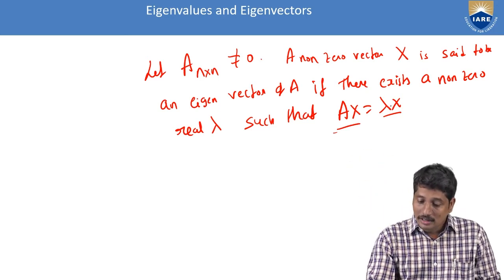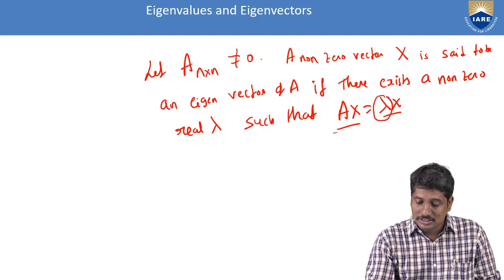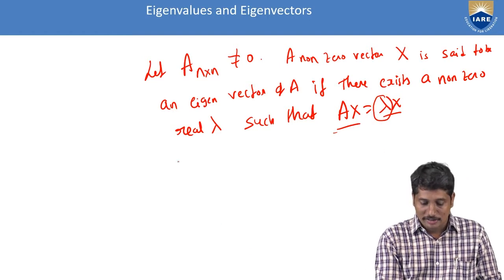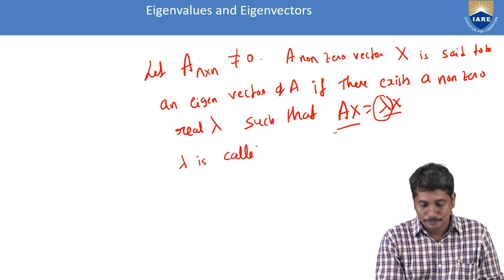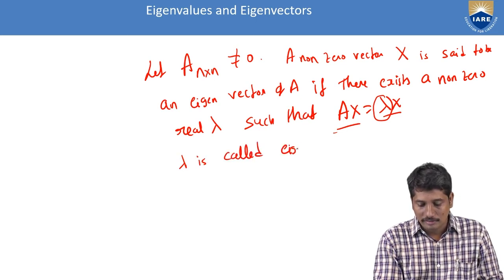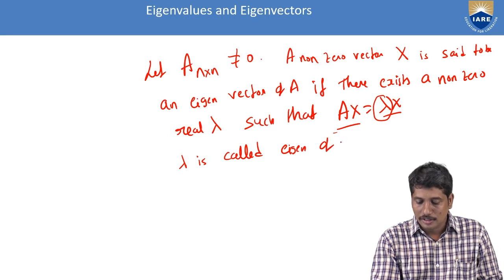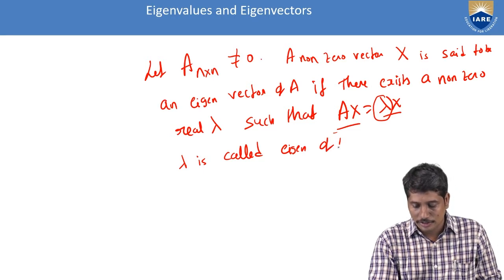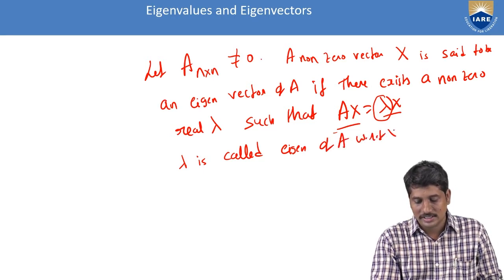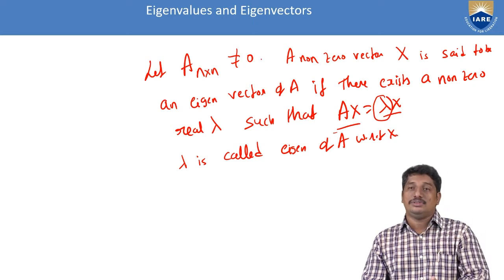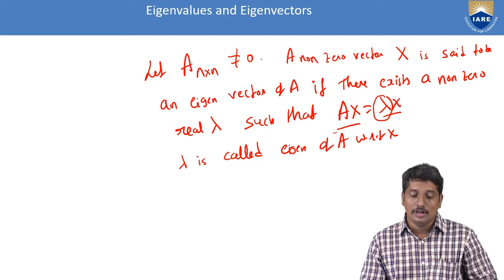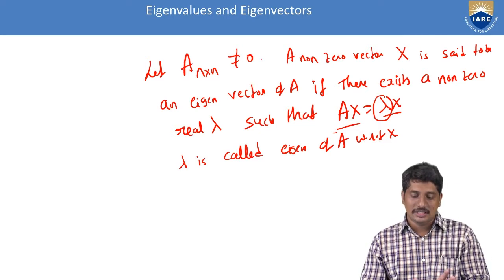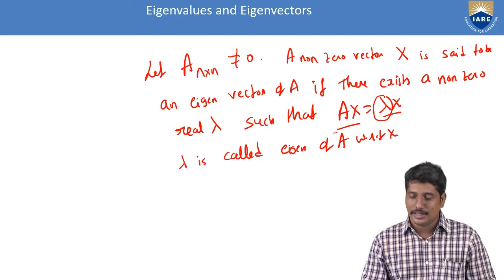The number represented by lambda is called the eigenvalue of A with respect to the vector x. That means the number of times the size has been increased or reduced. This is how we express mathematically the definition of eigenvalues and eigenvectors.